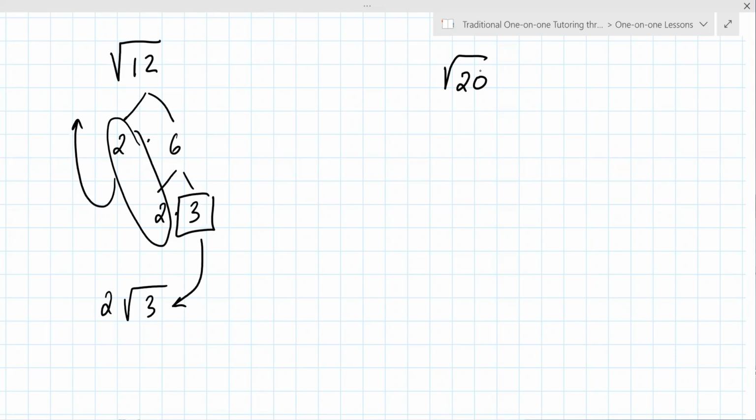What is your final answer? 2 square root 5. Good.